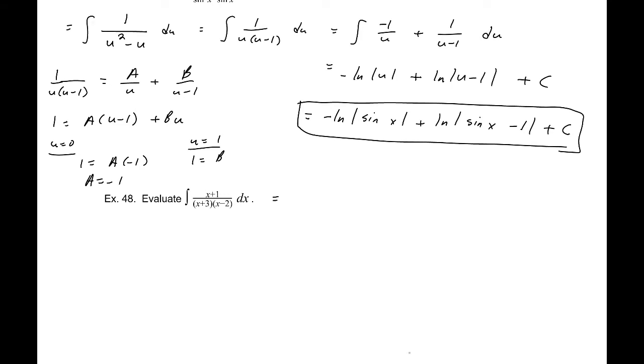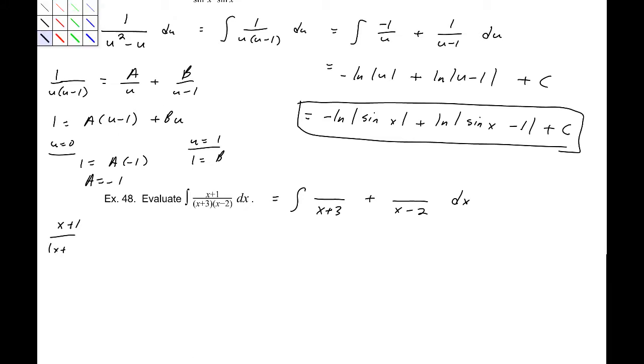It's going to be the integral of something over x plus 3 plus something over x minus 2. Let's find out what those are. So x plus 1 over x plus 3, x minus 2 equals a over x plus 3 plus b over x minus 2.